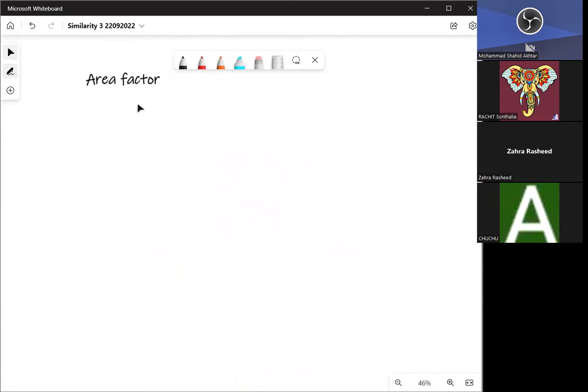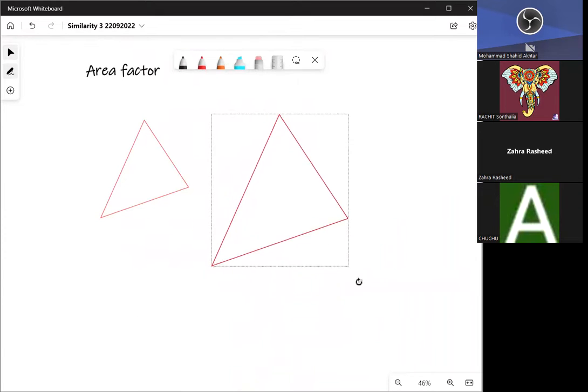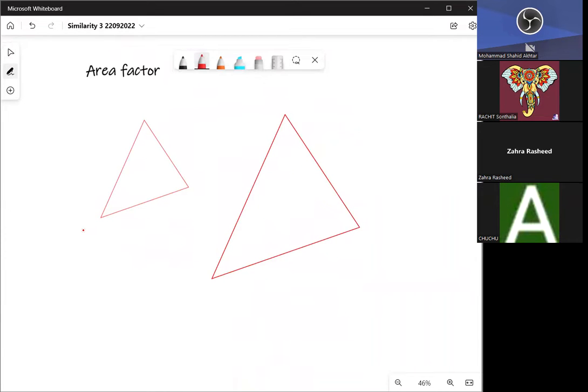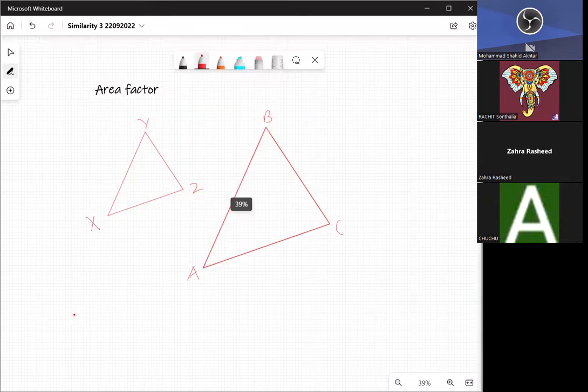But what about the area? Now look at two triangles here, this one and this one. Again, I'll call this one XYZ, and I'll call this one ABC. What's happening here is both of them have an area.